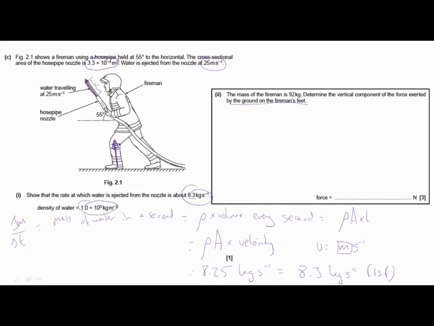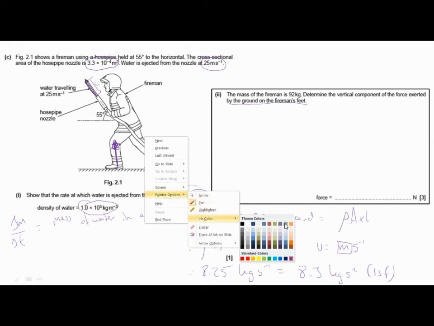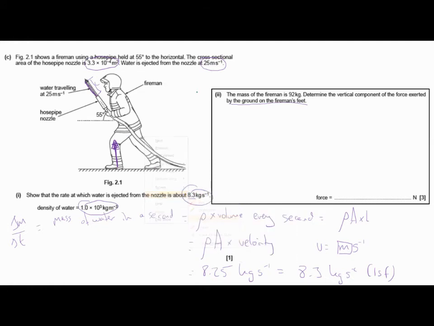So it wants this force here. So what's this going to be equal to? This is going to be equal to the two downwards forces. What are the two downwards forces? Well, we've got one force, which is obvious. That's the weight of the fireman. And then the other force is to do with this water here.